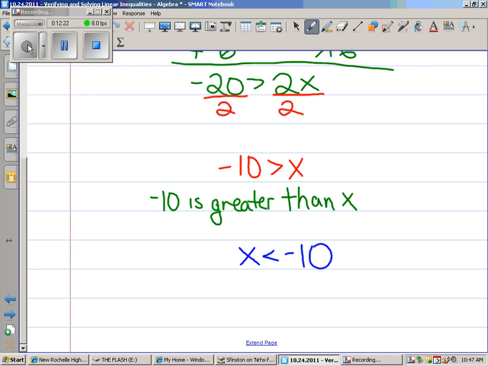Why? Because we rotated it around? Absolutely. You could say that too. It means the same thing as negative 10 being greater than x. Yep. You're all good. So be able to recognize this on your sheet.